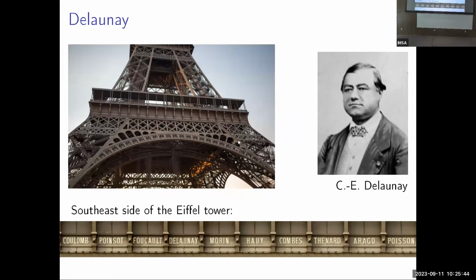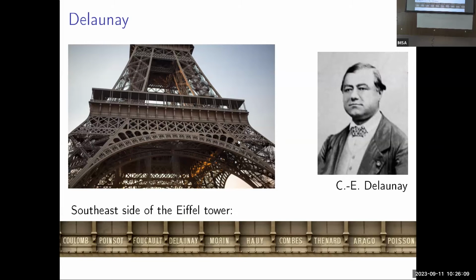If you ever go to Paris and see the Eiffel Tower, you will notice that one of the stages of the tower contains the names of the most important French scientists. There are few mathematicians, but one of them is Delaunay.